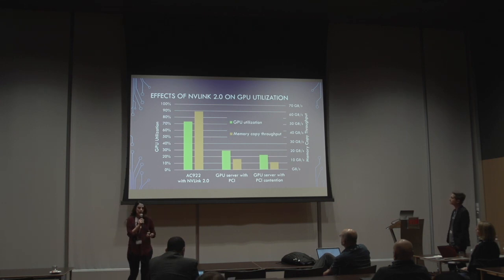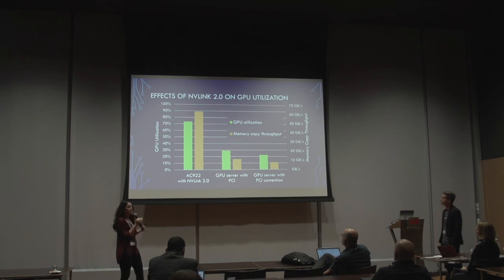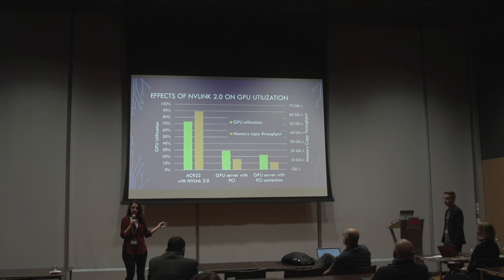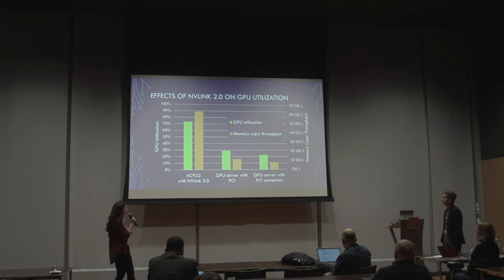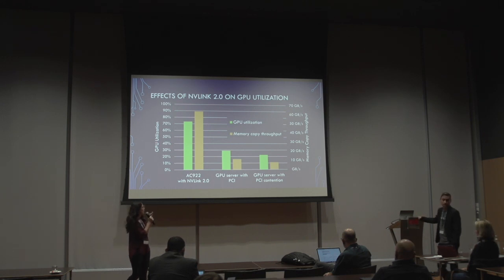And this shows the effects on GPU utilization. Here we want higher bars because we want our GPUs to be fully utilized. The GPU is usually the most expensive part of a GPU system, so you want to take full advantage of your GPUs and use them as much as possible. The green bars are GPU utilization, and the orangish bars are the memory copy throughput.